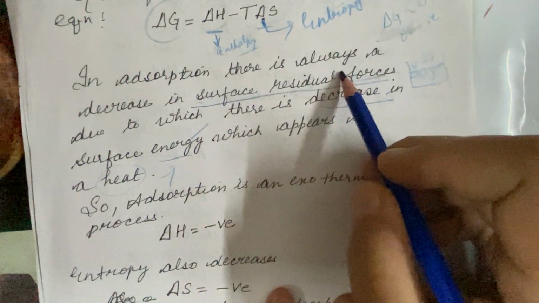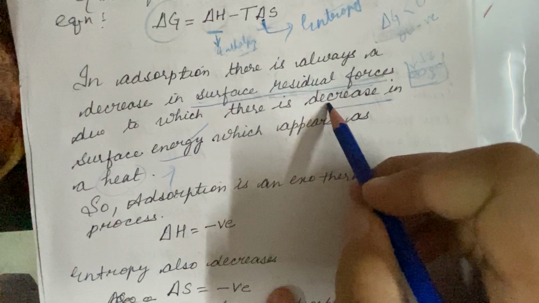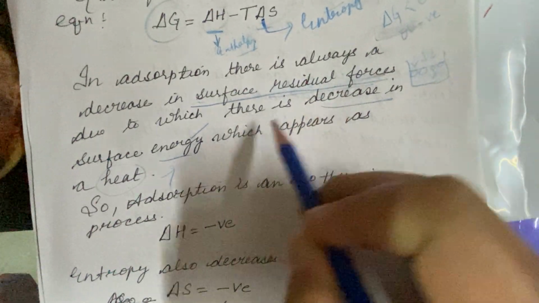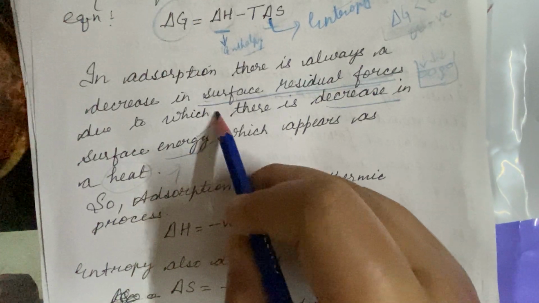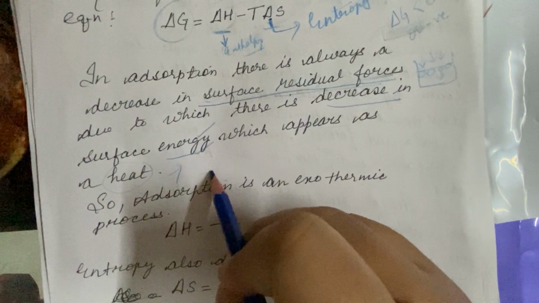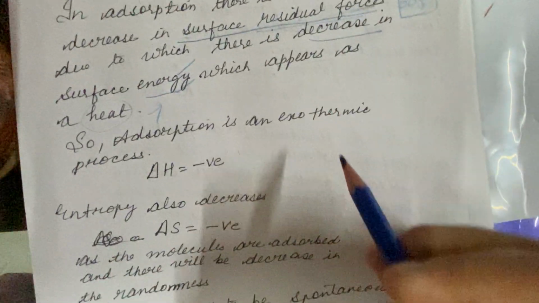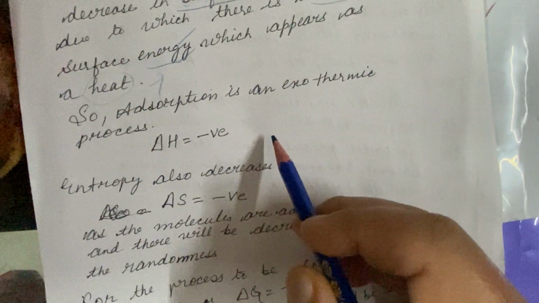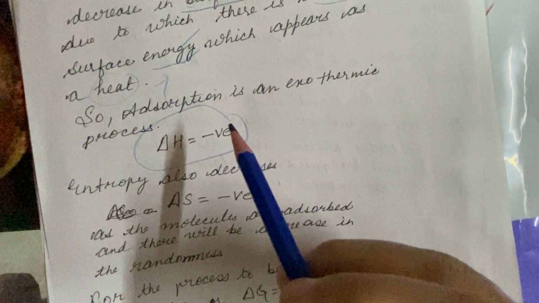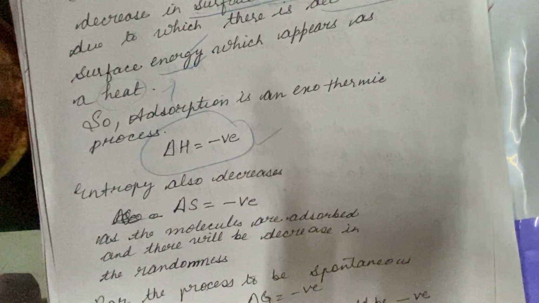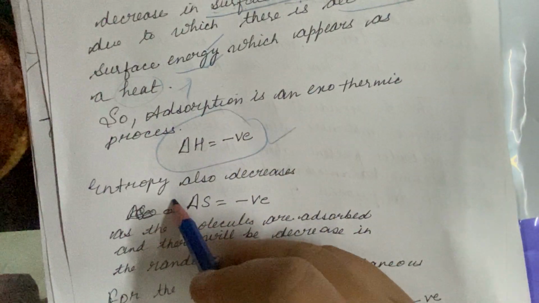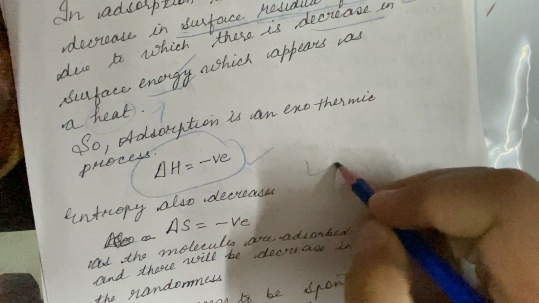In adsorption, surface residual forces are decreasing. Because of their decrease, there is a decrease in surface energy. When surface energy is decreasing, that appears in the form of heat. So if the process is exothermic, then according to thermodynamics, the value of delta H will be negative.